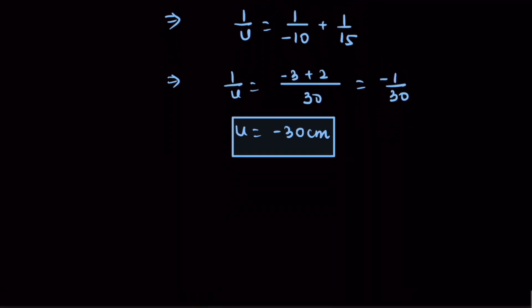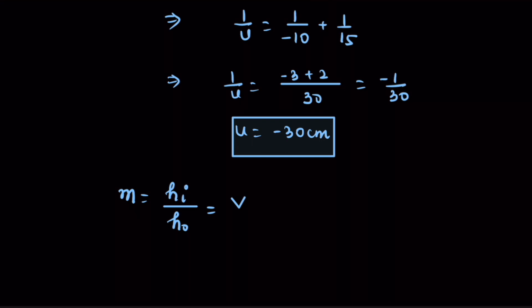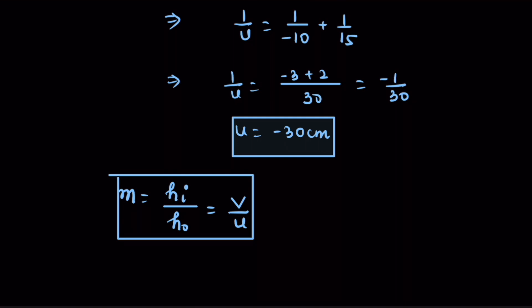Now we have to find the magnification. So we will use the magnification formula, which is M is equal to HI by HO, which is equal to V by U. So in this question, we have U and V values known. By substituting these values, M is equal to minus 10 divided by minus 30.